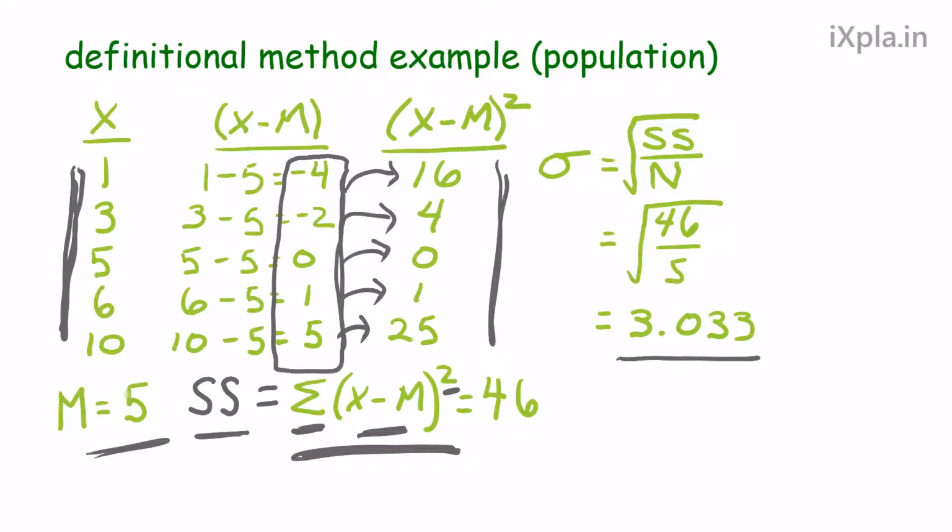Now, if you go back and look at the actual deviation scores, we have some deviations that are more than that. -4 is further away from the mean than the standard deviation. And 5 is the deviation score of 10. 10 is 5 away from 5. -4 is the deviation score of 1.